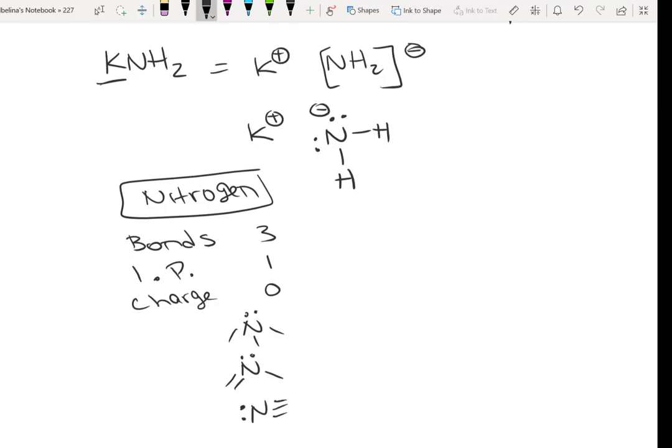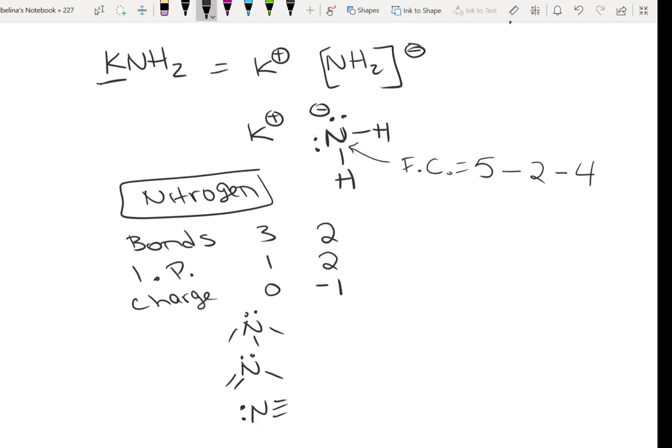Like we saw in the example up here, if we have 2 bonds and 2 lone pairs, then we have a formal charge of -1. The math there is formal charge equals 5, the group number for nitrogen, minus 2, the number of bonds on this specific nitrogen, minus the number of lone pair electrons.